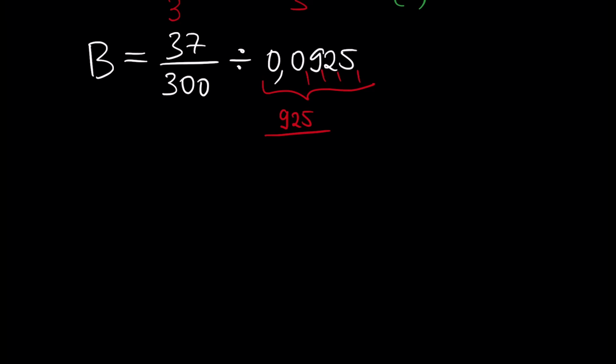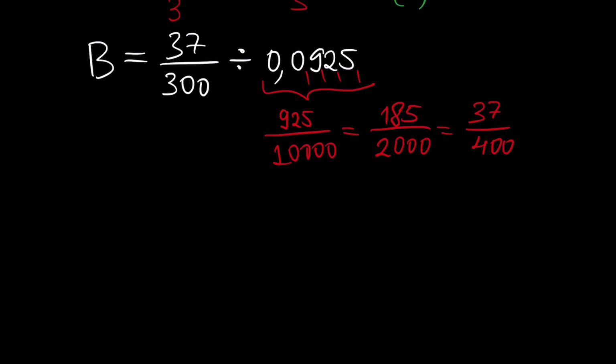So this is 925 divided by 10,000. Let's divide numerator and denominator of this fraction by number 5. It will be 185 over 2,000. We can further divide both numerator and denominator by number 5. It will be 37 over 400.